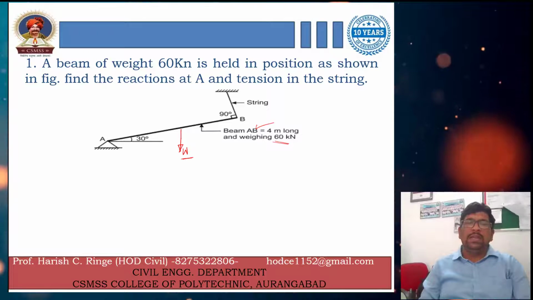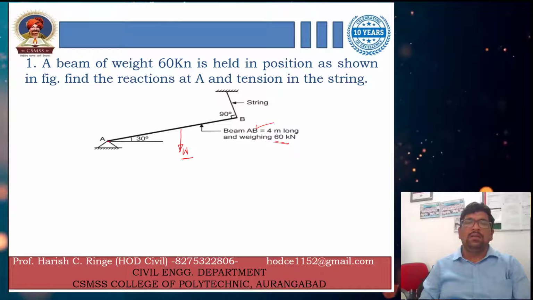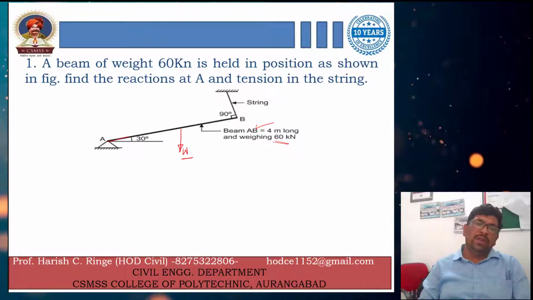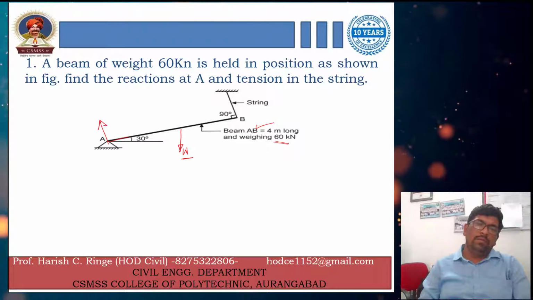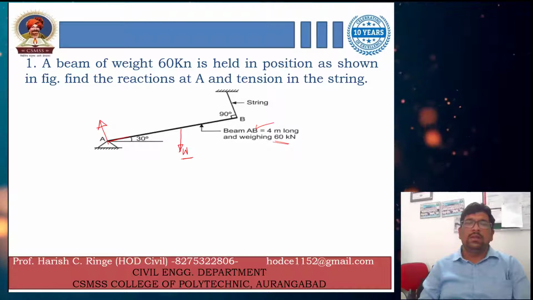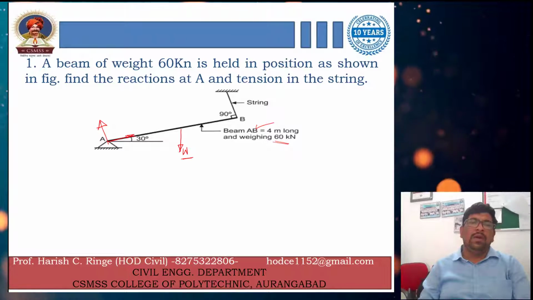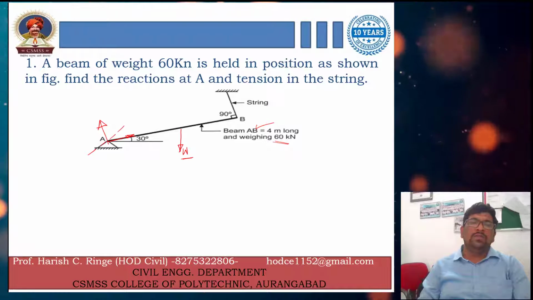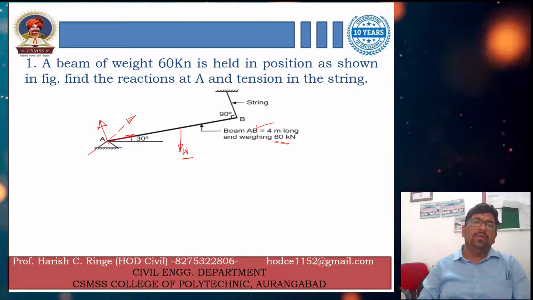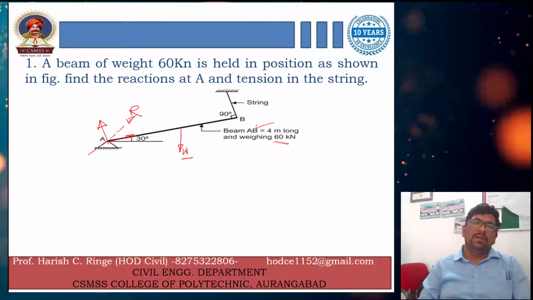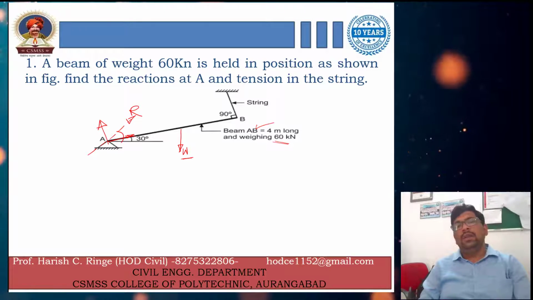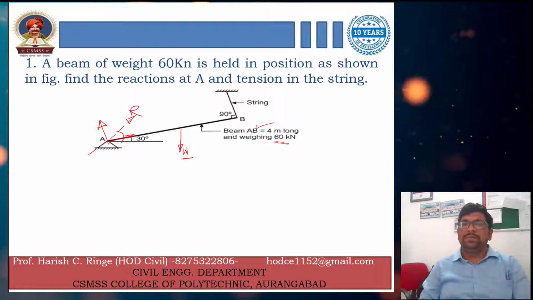Now coming to the next point, we have to make this and this, and your resultant force will have to act like this, which will be at 90 degrees from this place.